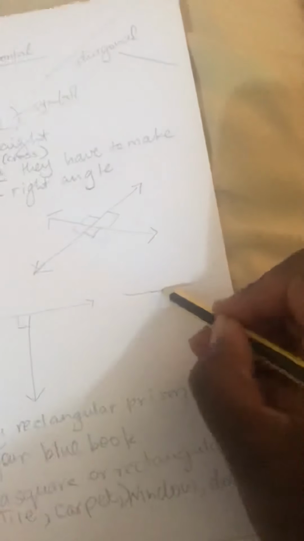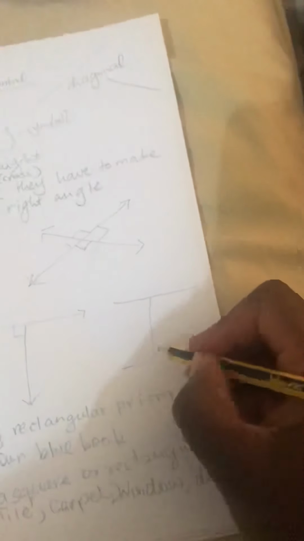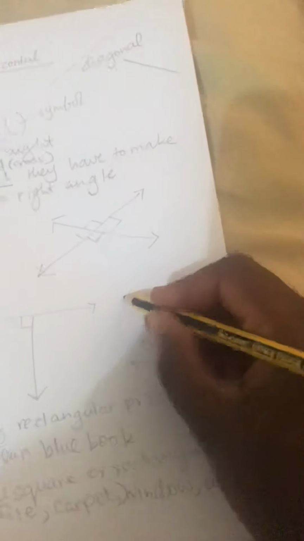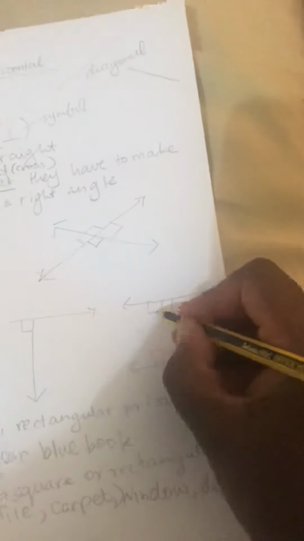Okay? It can also be upside down. It doesn't matter. Let's draw another one where there are 3 lines so that you see. Like that. So this is 90 degrees, 90 degrees. When you're drawing lines, put your arrows. 90 degrees, 90 degrees.